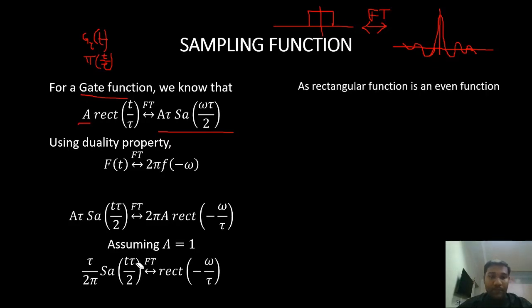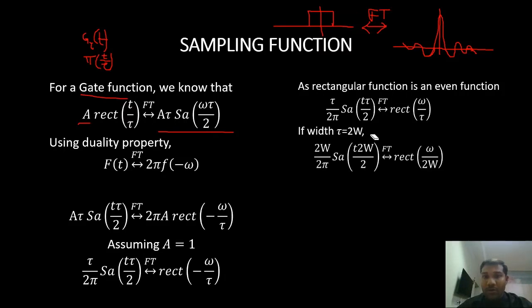Since a rectangular function is always an even function, instead of minus omega I can have simple omega. Then instead of tau, I substitute tau equal to 2w.